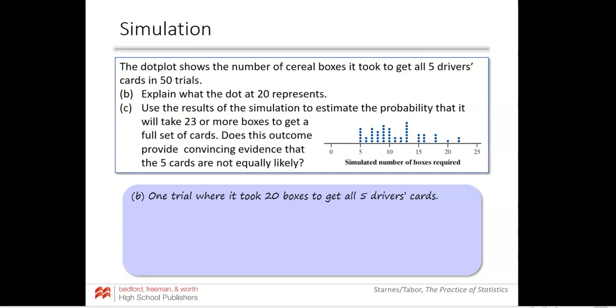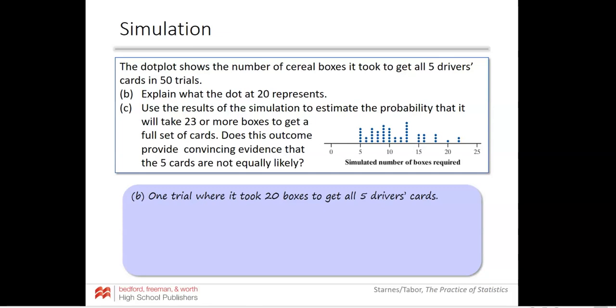So where does 23 fall in the simulation? If you look, it looks like 5. Wow, that happened like 4 or 5 times. That 5 people exactly, 5 boxes, got all 5 cards. That would be amazing. But it took, at most, it looks like 22. Twice, it took 22 tries. So 23 is really outside the range of chance here.